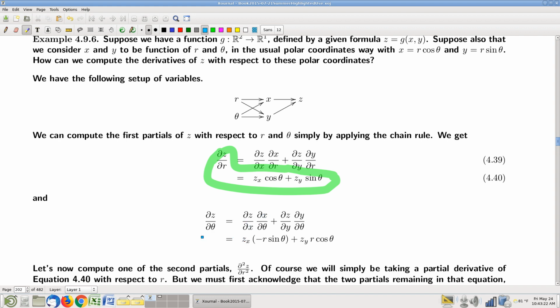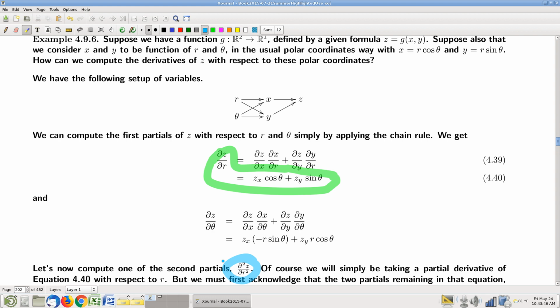With the first partial of z with respect to r computed, let's now take the r partial of that. So here we are again, wanting to apply a second derivative in a chain rule context. It's just that now it's multivariable instead of single variable. Well, there's the first partial with respect to r.